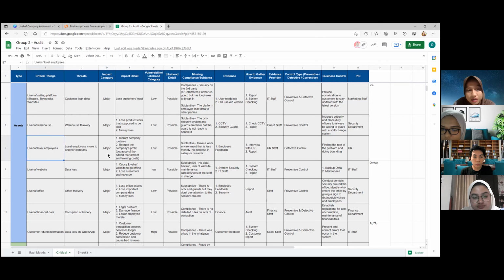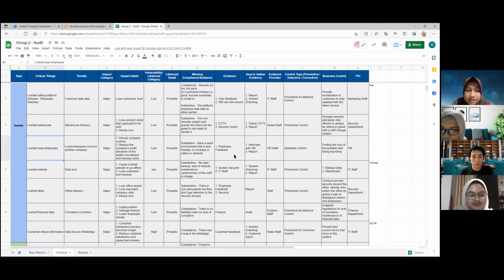The impact category is major, and the impact detail is that it can disrupt the company routine and also reduce company profit because of added recruitment and training costs. Vulnerability is low, the likelihood detail is possible, and the missing one is substantive because of a work environment that is less friendly and no increase in salary or reward.